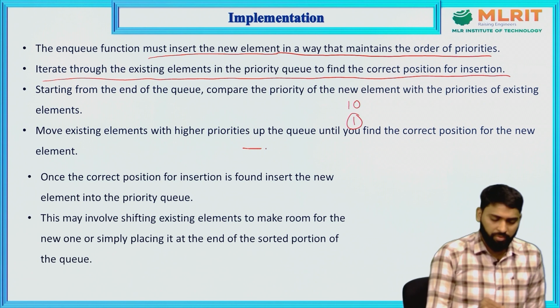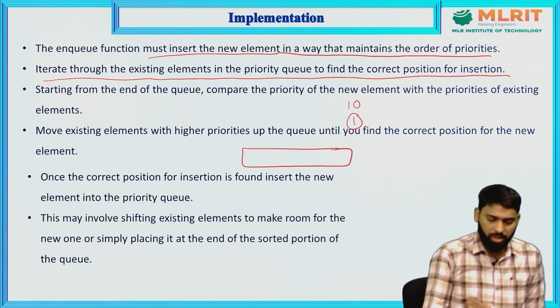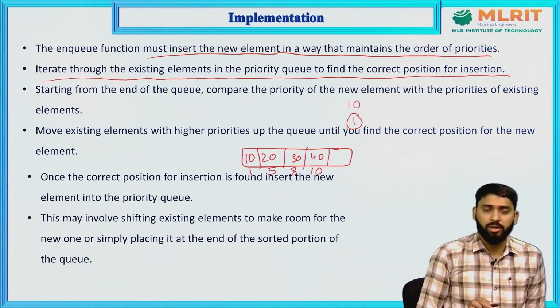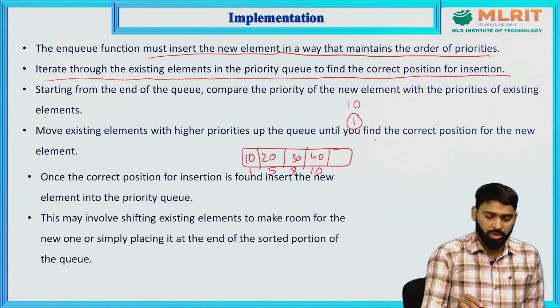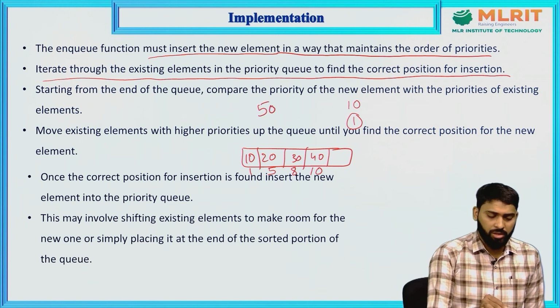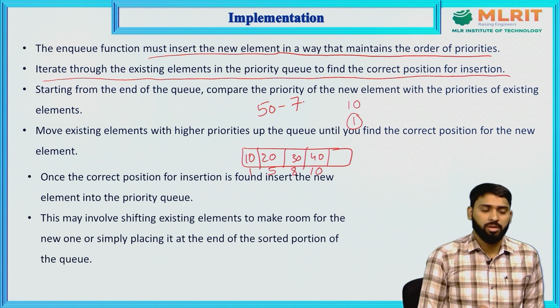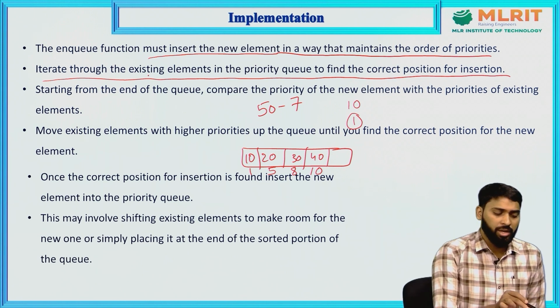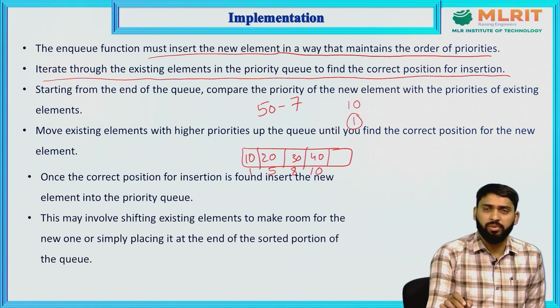For example, this is the array with the numbers 10, 20, 30, 40. Let us assume these are the priorities: 10, 8, 5, 1. Now the new element is 50 with priority 7. We iterate through the existing elements in the priority queue to find the correct position of insertion.